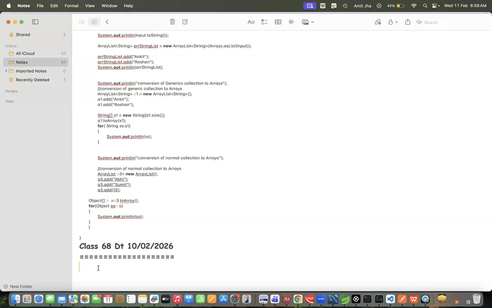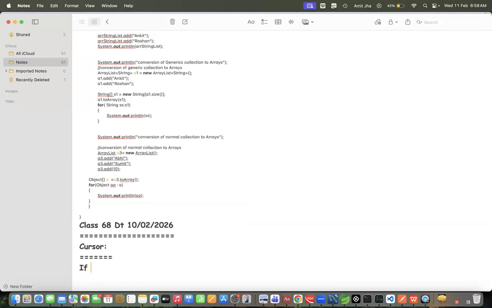Enumeration cursor. First, cursor. What is cursor? Cursor means if you would like to read, retrieve the data. If you would like to read the data or object, don't confuse, because some people say object and some say data.